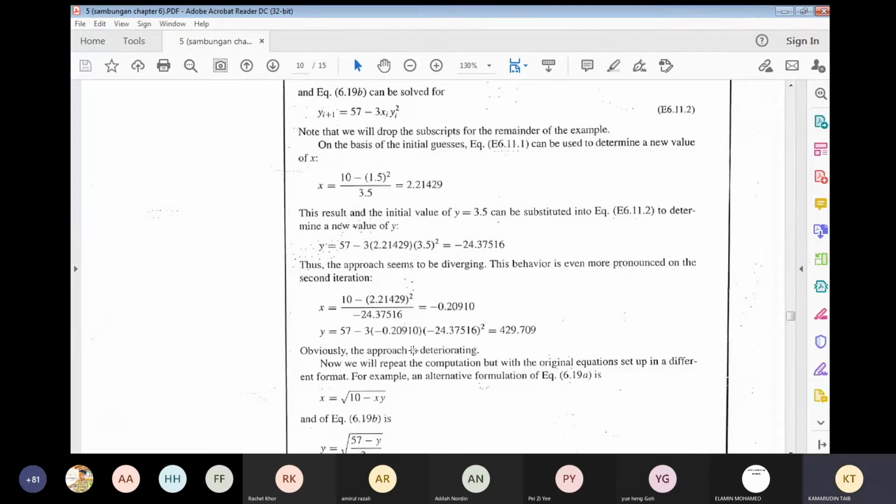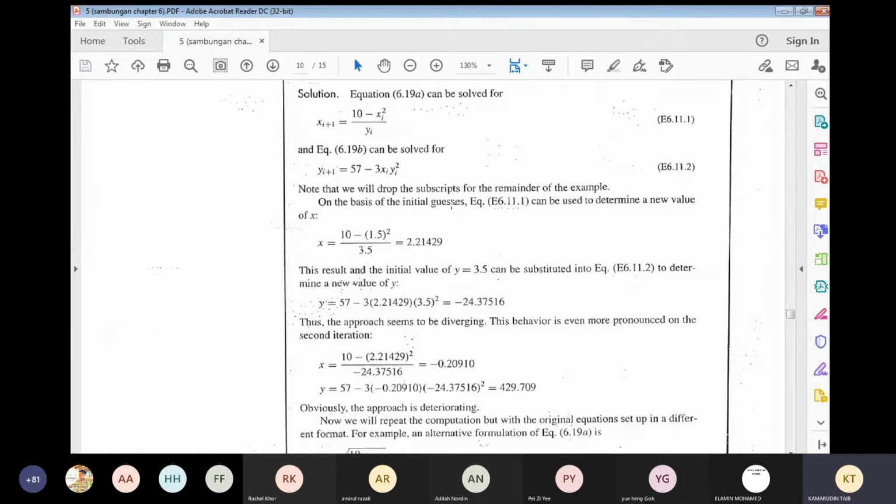Obviously, the approach is getting worse, deteriorating, because y actually goes to positive 429.709. It's not only not good, but it is a terrible way of performing the calculation, terribly wrong.